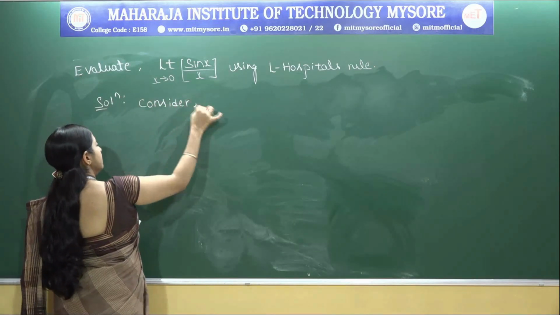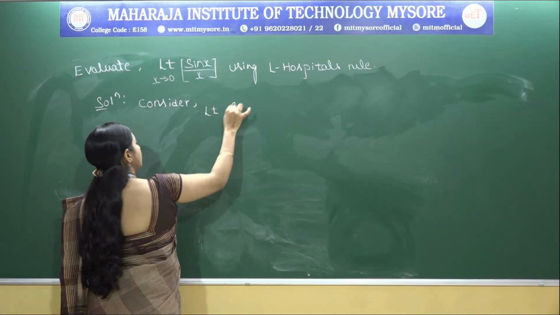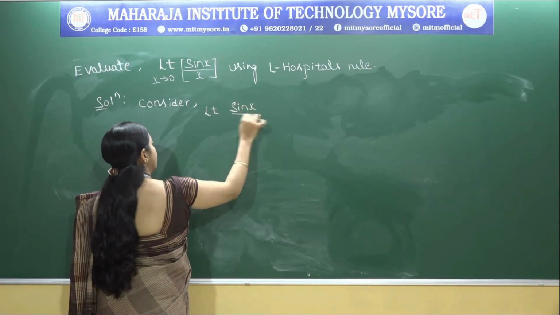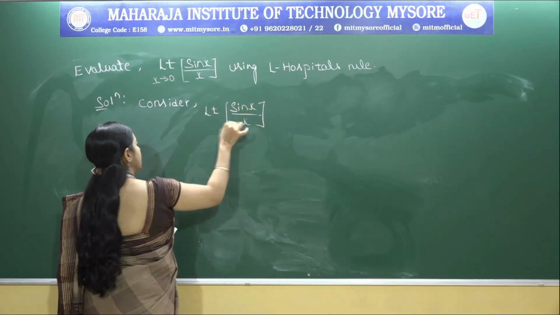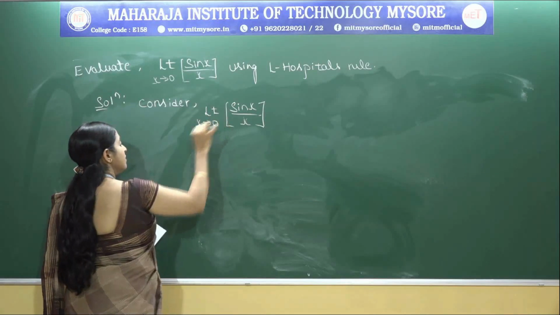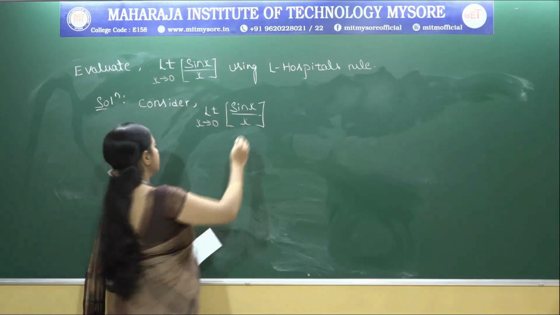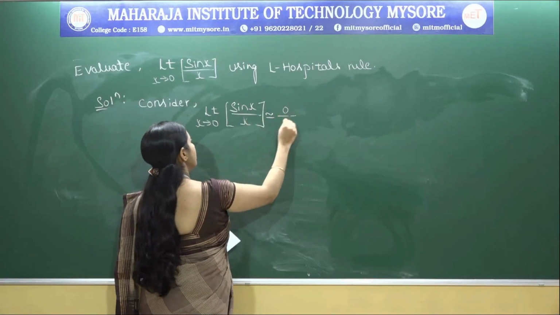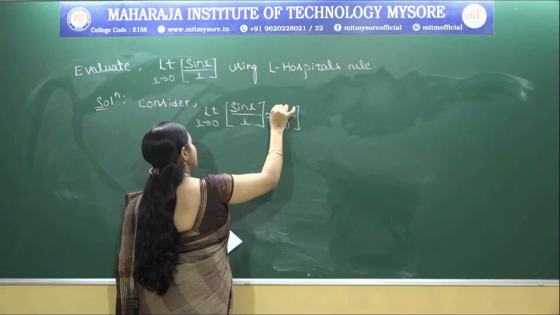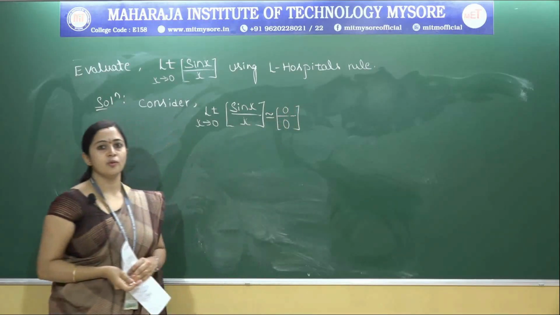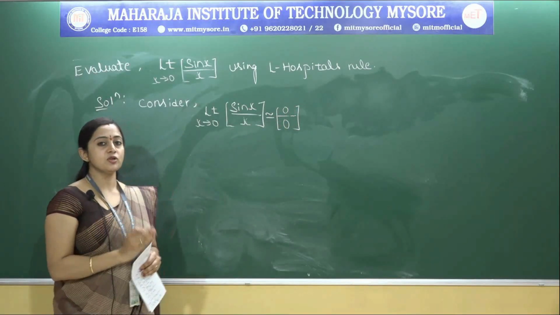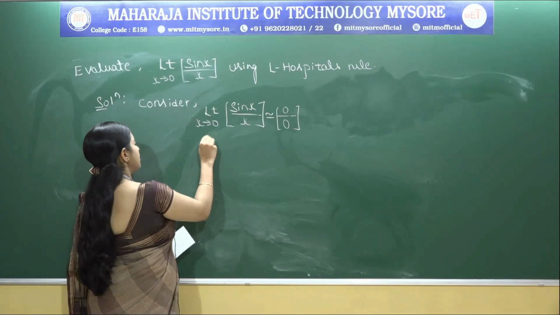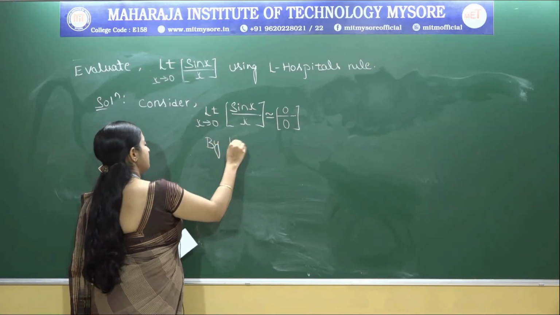Consider the limit of the sin x divided by x as x tends to 0. First you apply the limit. Since sin 0 equal to 0, the denominator equal to 0, so it is the 0 by 0 form. Then you can apply the L'Hospital rule, that is differentiate the numerator and denominator separately.